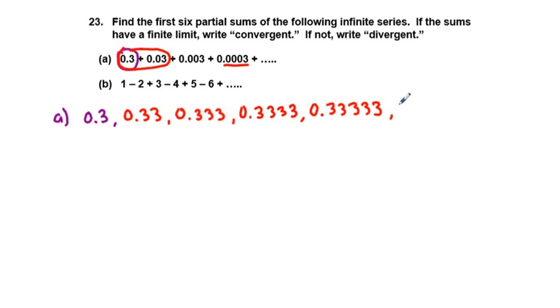And the last one, our sixth partial sum, is going to be 0.333333, and that's going to be to the millionth place. 333,333 millionths.